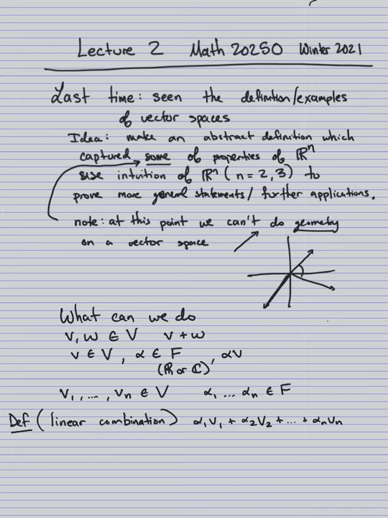I'm just doing all that I possibly can. I can take a bunch of vectors, add them together, and multiply them by scalars. For ease of notation, you just write the sum from i equals 1 to n of alpha i v sub i.